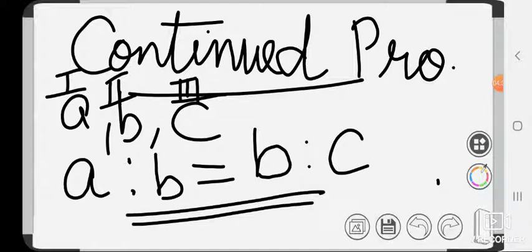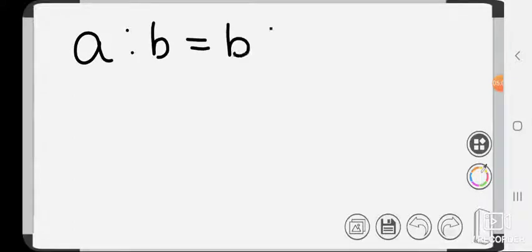If the ratios are in continued proportion, this is the formula: A is to B is equal to B is to C. Among them, each has its own name. A is known as the first proportion, B is known as the mean proportion, and C is known as the third proportion.